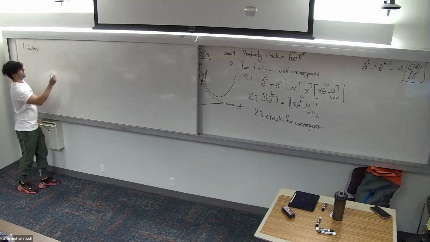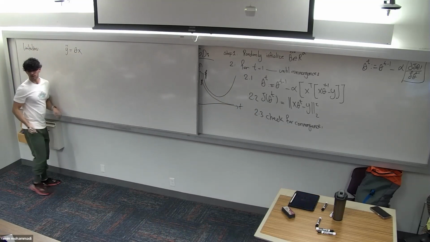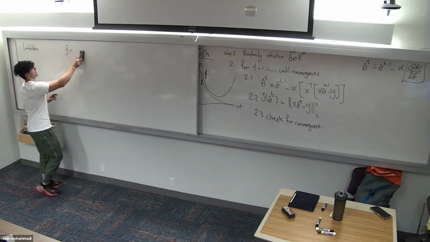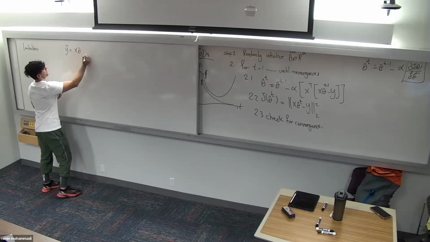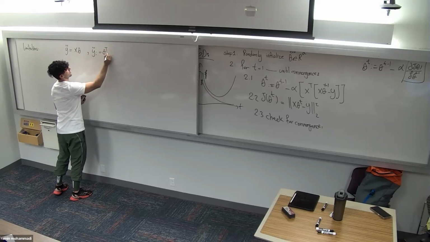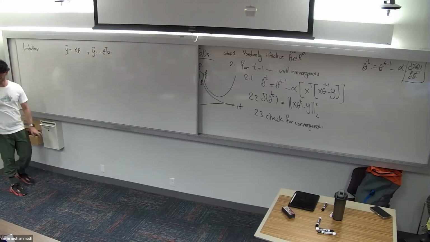Now, we know that y hat basically equals X theta. And y hat i for one data point is theta transpose x_i. That's for the full data set, and that's for one data point.